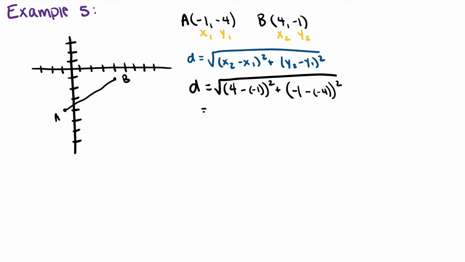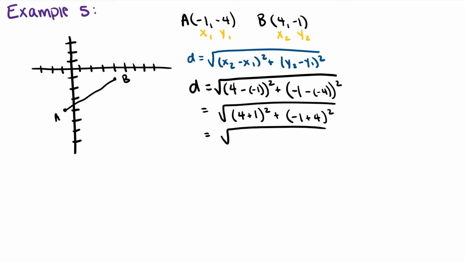So we find that our distance is equal to the square root of 5 squared plus 3 squared, which is the square root of 25 plus 9, which is the square root of 34, and that cannot be simplified further.